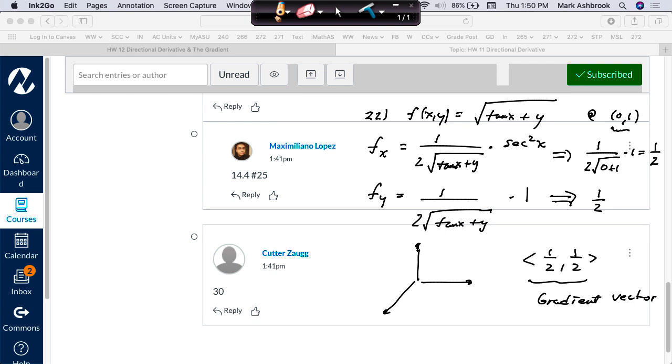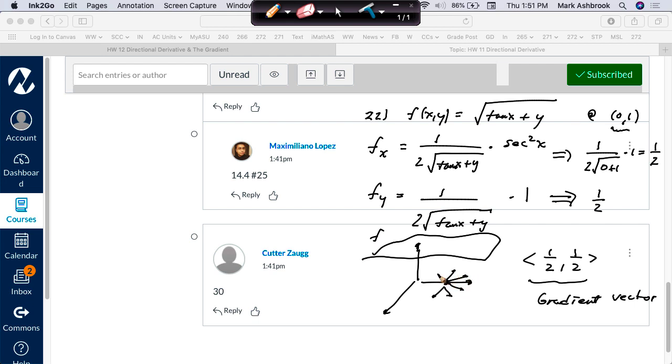So the gradient vector is, so here's the point (0, 1) right here. And so we've got this surface, right? And so what was the directional derivative about? It was that we could choose any direction we want, and that's horizontal, right? That's an R2 vector, an x and a y.